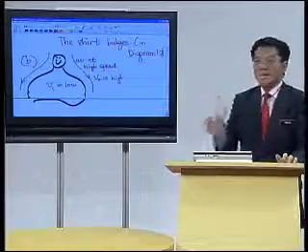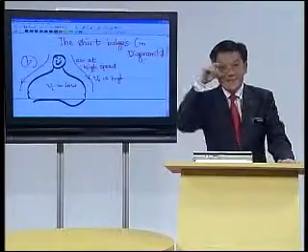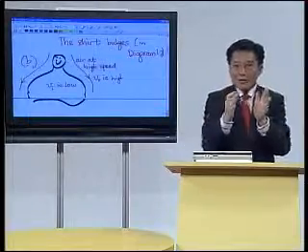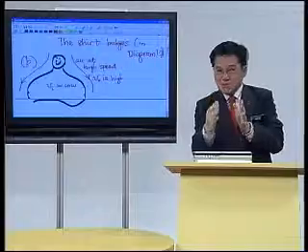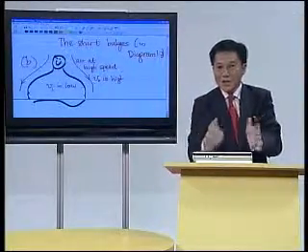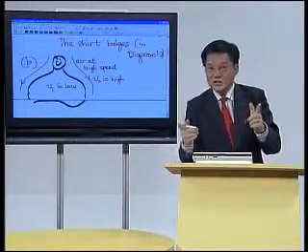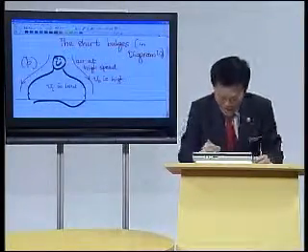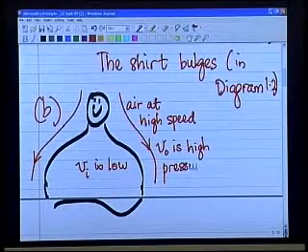What did Mr. Bernoulli say? He says that when we compare two regions, when the speed of the fluid, in this case it is air, is high, the pressure is low. So pressure, I write down pressure.